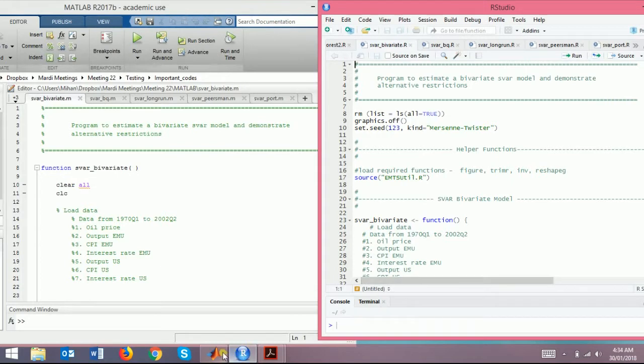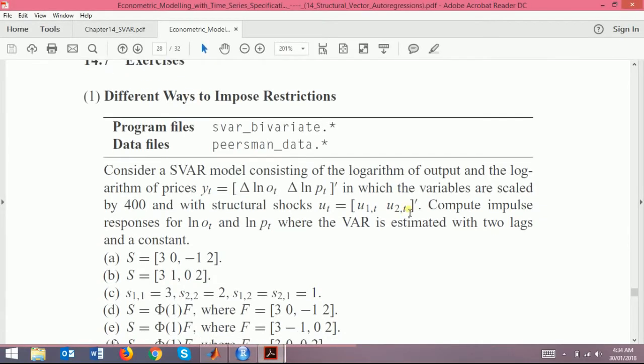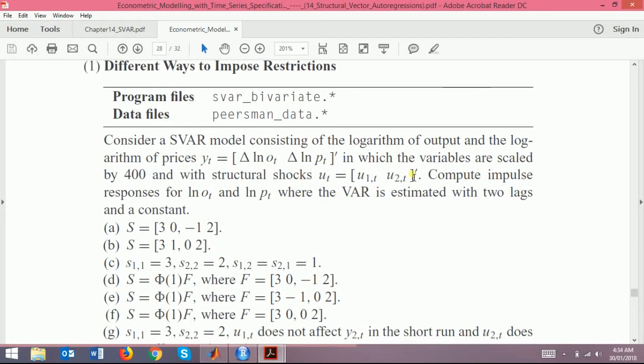framework. So to begin with, the first problem is SVAR bivariate, where it suggests to consider a SVAR model consisting of the logarithm of output and logarithm of prices, in which the variables are scaled by 400 with structural shocks u1t and u2t transpose.